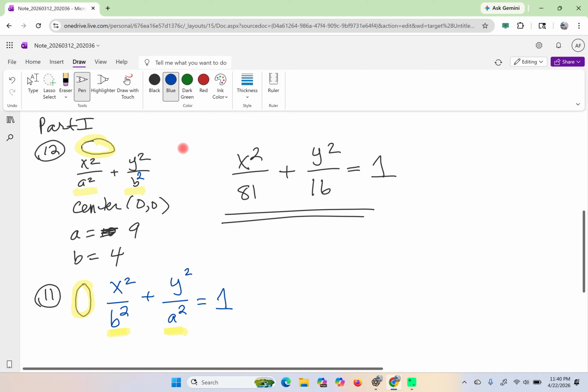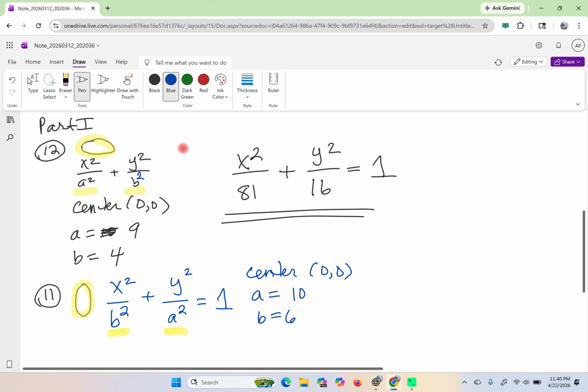Okay, number 11. Looking at our diagram, our graph. Our center is still at 0, 0. The distance on the long side, A is always the longer axis. So this distance is in fact 10. The distance for B from the center to the edge of the short side is 6.